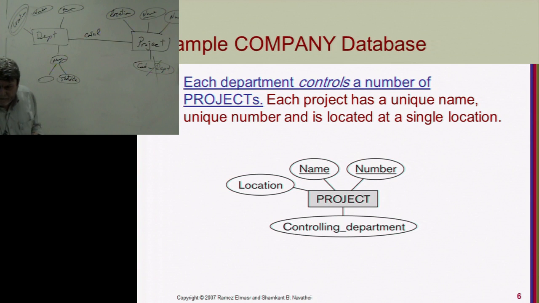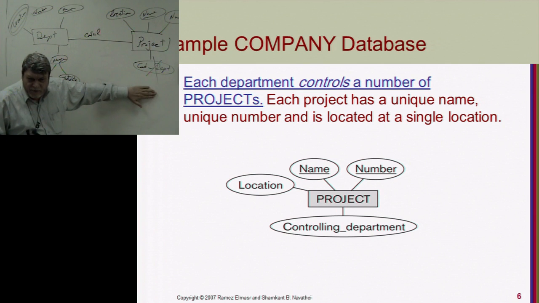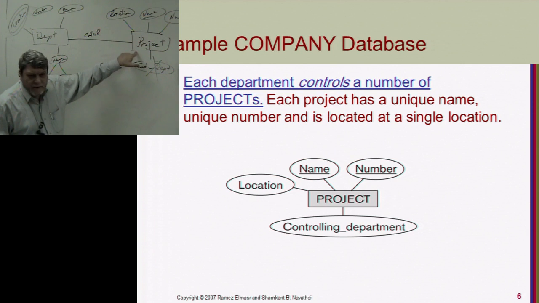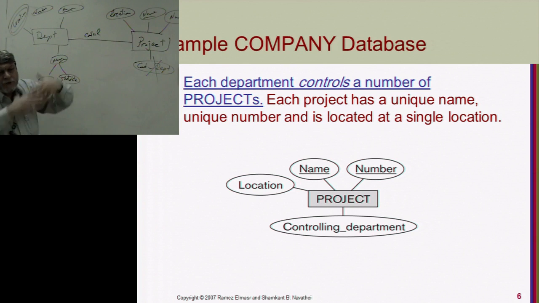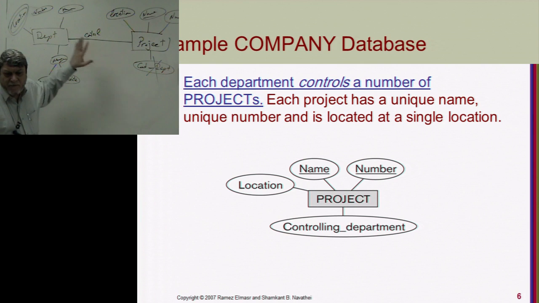Let me say it again. If, for the first minute when you read, you think of something as an attribute, as we did here. We thought that controlling department is an attribute that describes the project. It's part of the properties of the project. Which department is controlling me, right? Now we thought like this, but later on we discovered that this controlling department is a department. It's one of these departments.